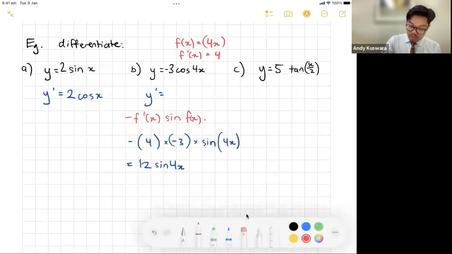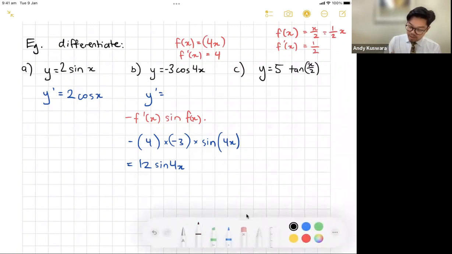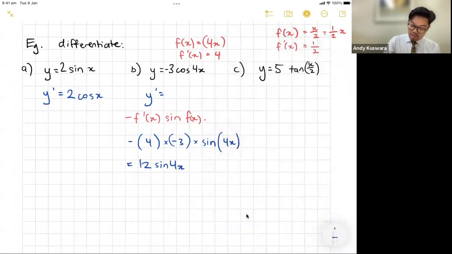Very similarly here, the function inside our bracket of tan is x on 2. That means our f'(x) is going to become a half, because it's the same thing as saying half x, and when you derive it, the x disappears, leaving us with half. Now we can go ahead and derive it.